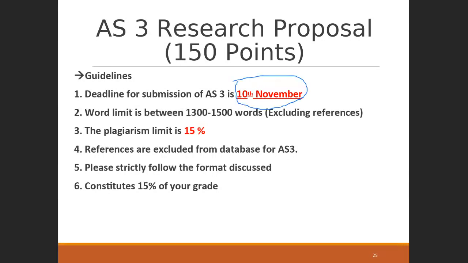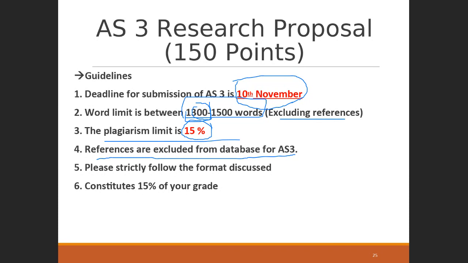The word limit is 1300 to 1500 words, excluding references. We have a separate word limit for the first three sections, which is 300 to 350 words. The plagiarism limit is 15%. The references are excluded from the database. I have made an attempt to exclude the references from the database, and I was able to do this successfully.